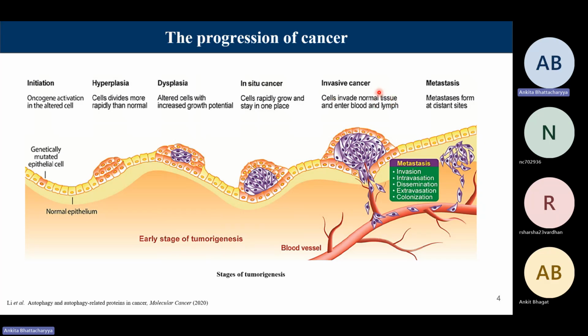And then those invaded cells are able to move through the vasculature of that individual through blood vessels or through the lymphatic vessels, and they're able to metastasize to other sites where they would form secondary metastasis or secondary tumors. And this is the result of several sub-processes as well, which include invasion, intravasation, dissemination, extravasation, and colonization.